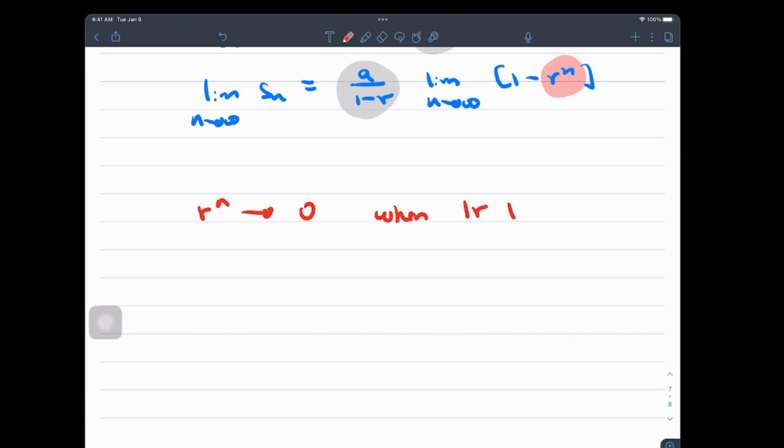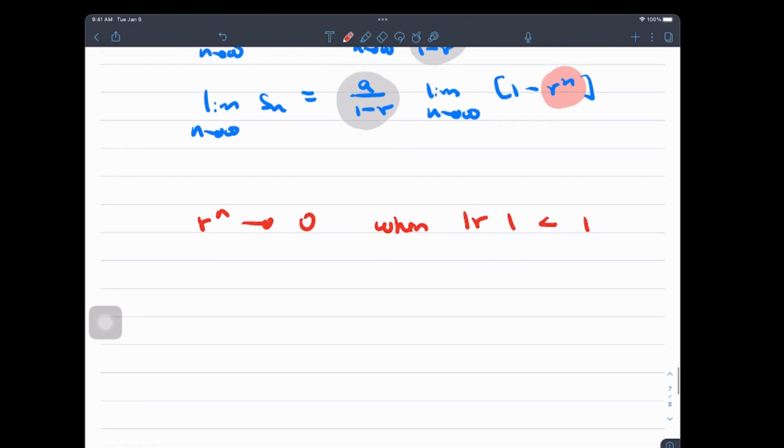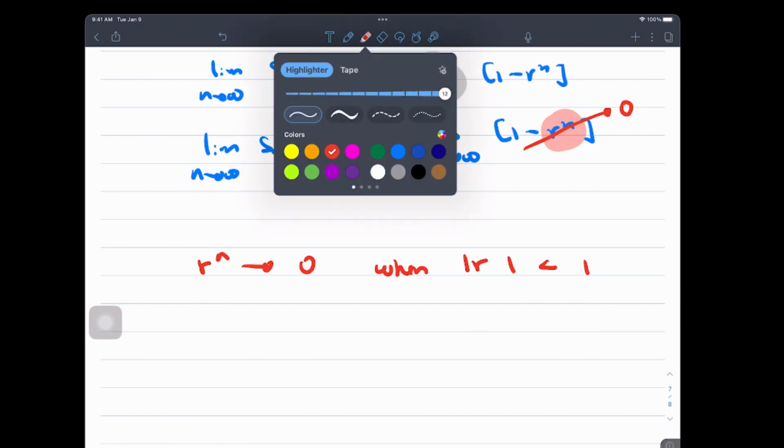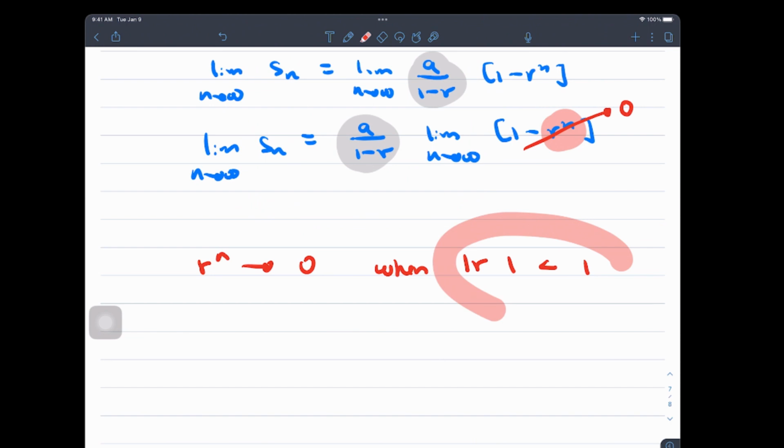Yes, the absolute value of R is less than 1. So that whole thing goes to 0. That was with a sequence. We already saw that. R to the n goes to 0 when the absolute value of R is less than 1. So that's your key criteria for convergence now. Because 1 minus 0 is 1.